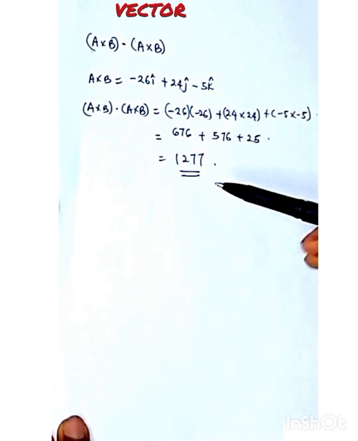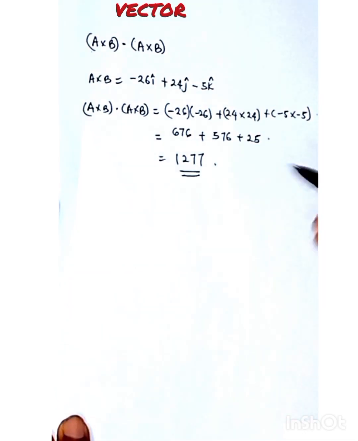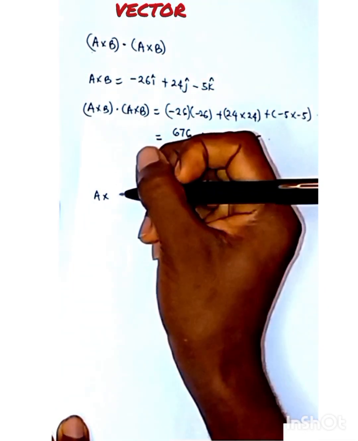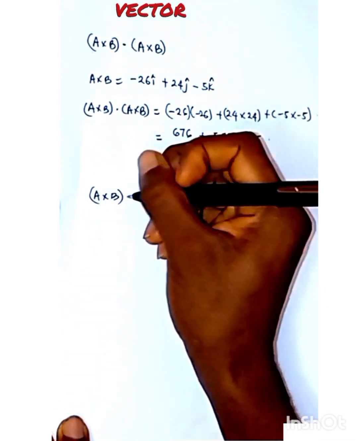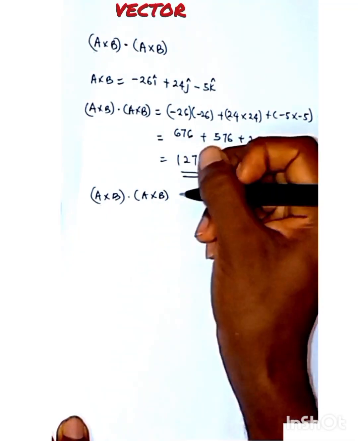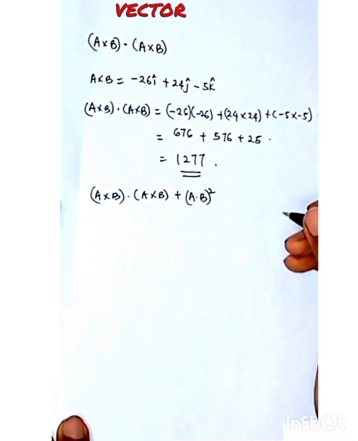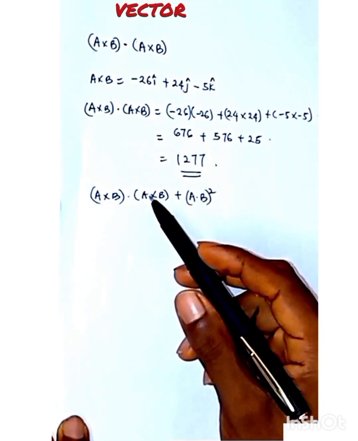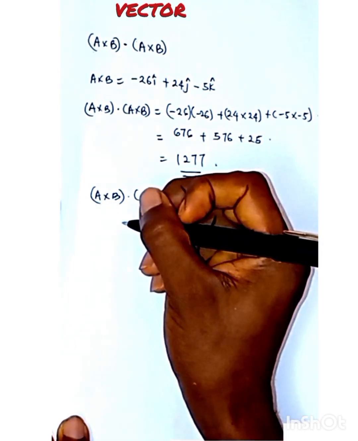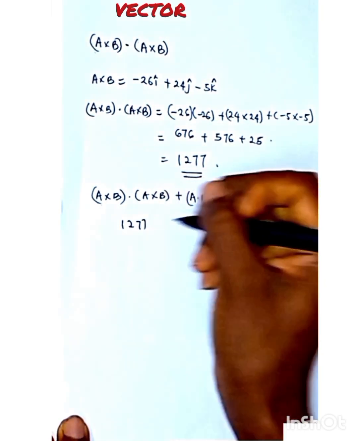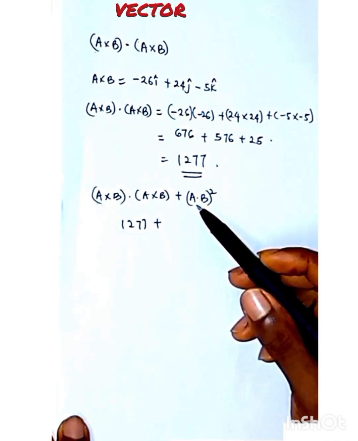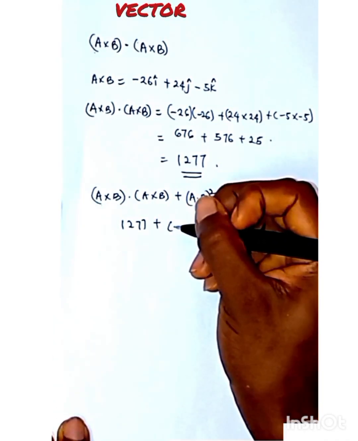Now we add it up to the left hand side, which is A cross B dot A cross B plus A dot B all squared. We have A cross B dot A cross B equal to 1277, plus the dot product, which if you remember gave us minus 12.